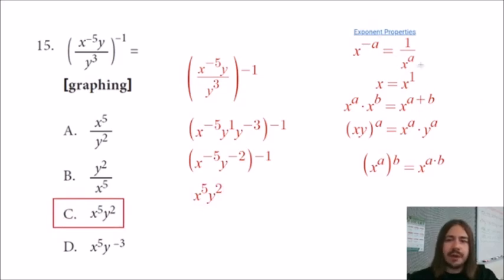I would recommend going back and reviewing these exponent properties because you do have to be pretty familiar with them to get this one right. Now, if you're worried about not being able to remember all these exponent properties and a problem like this makes you a little uneasy, one thing you could do as a fallback strategy is to pick a value for x and y.